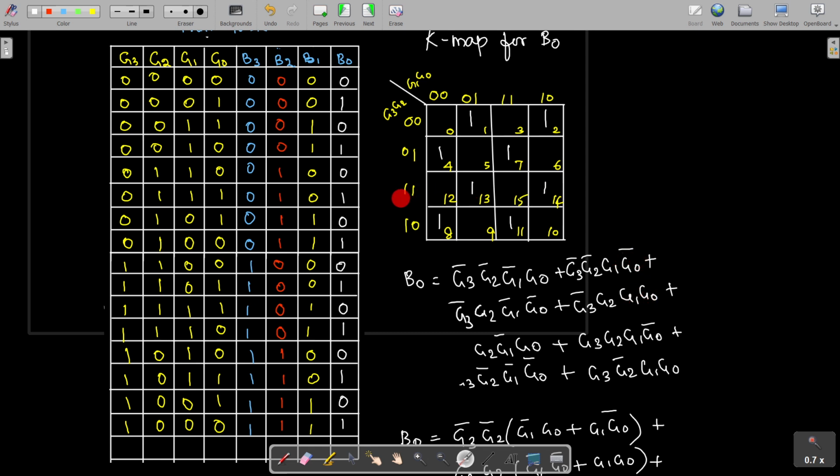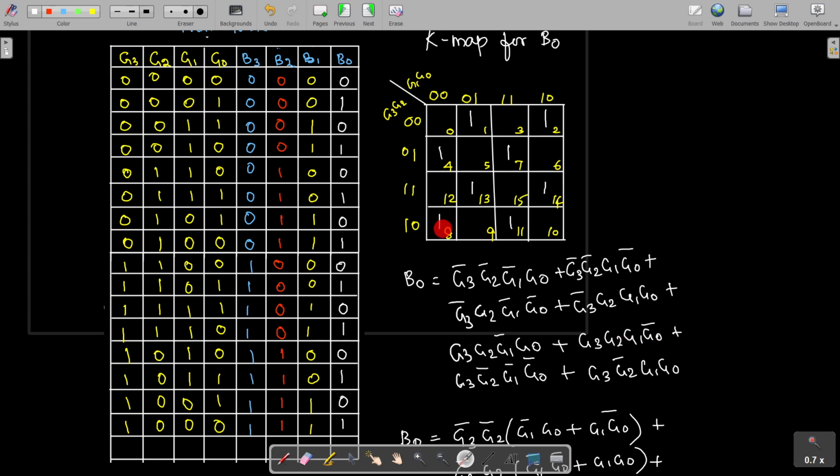Then for this 13, it is G3, G2, then G1 bar, G0. So that is written here. Then plus for this one, it is 11, meaning G3, G2. Here again 10 represents G1, G0 bar. So it is written here.